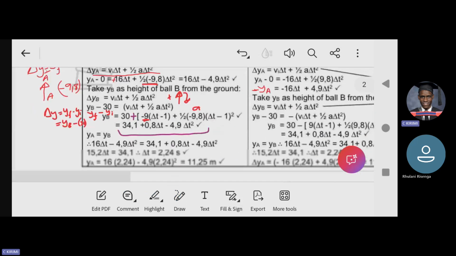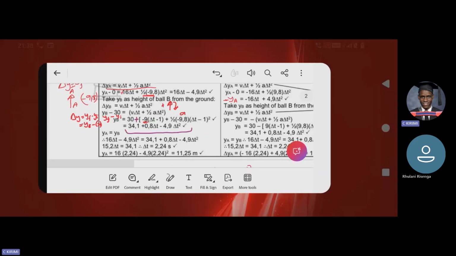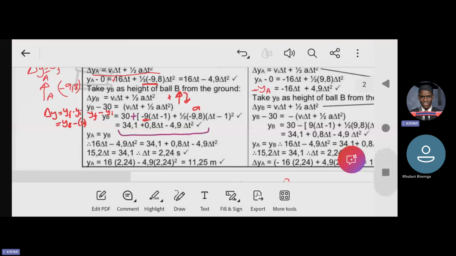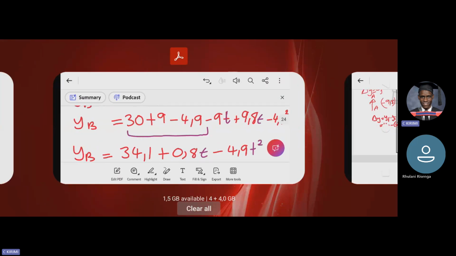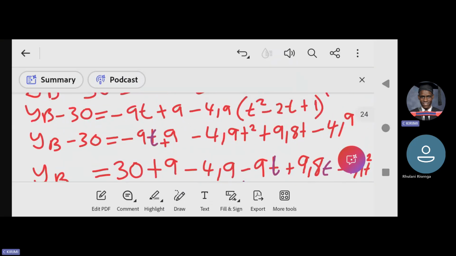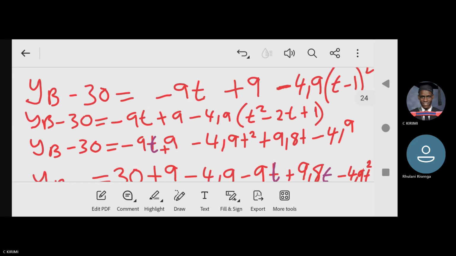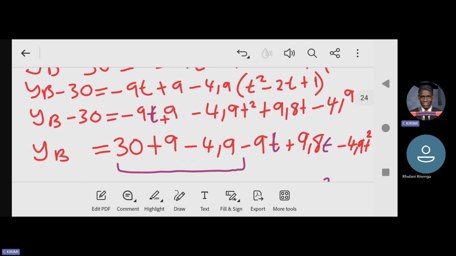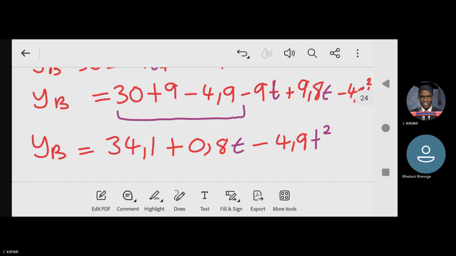That is the only way you can get this answer to be the same as the other one. So those two can only be the same if you have treated them like this. So by putting 30, we are adding what is on the right, not subtracting, but we arrive at the same solution.